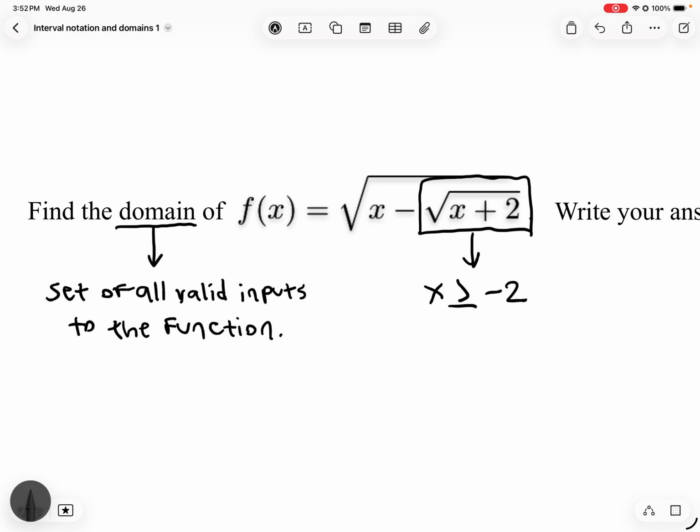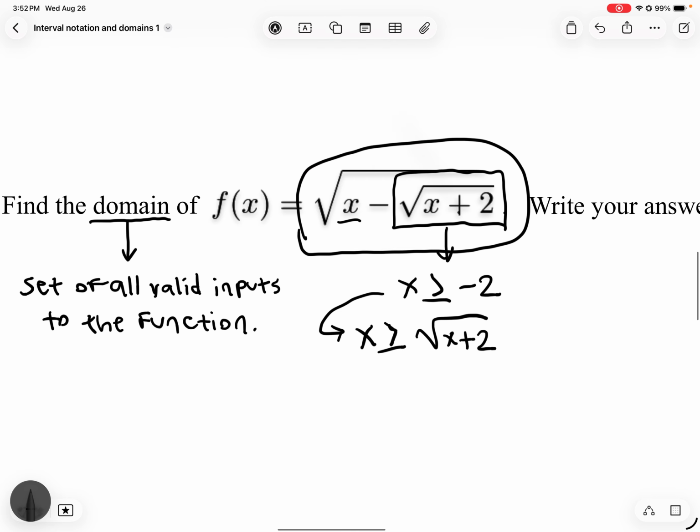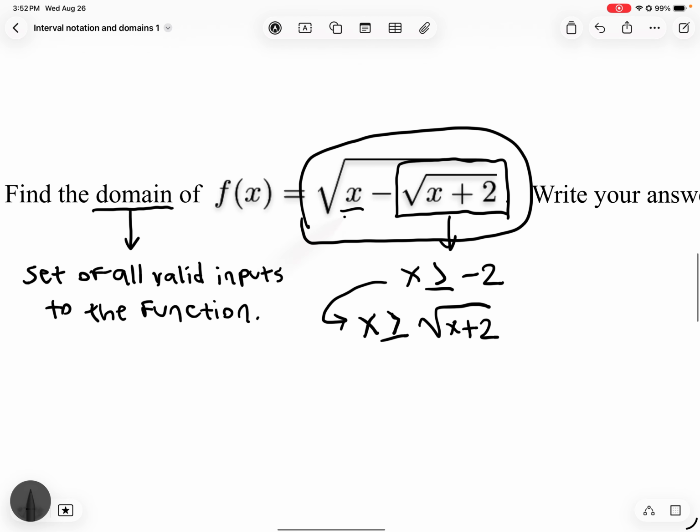Otherwise, we're going to get a negative value for the entire inner portion of this square root. So x must be greater than or equal to the square root of x plus 2.